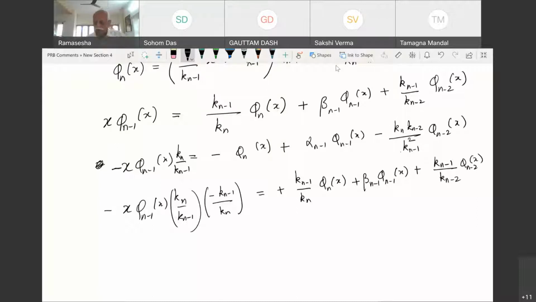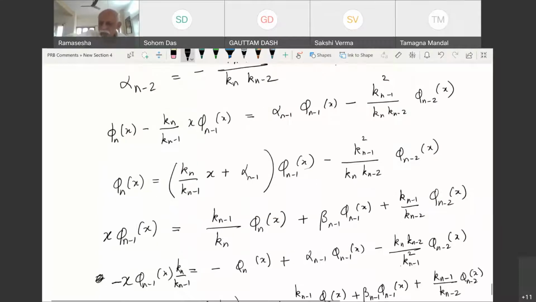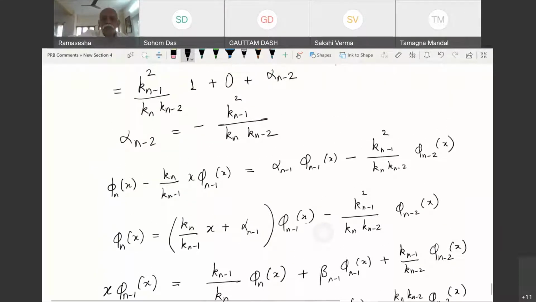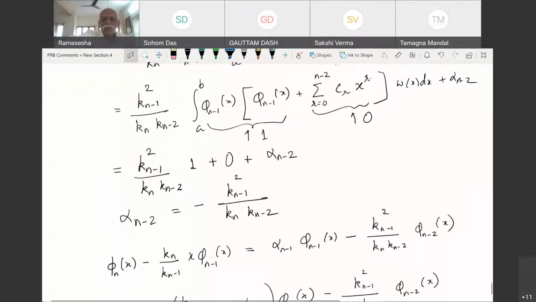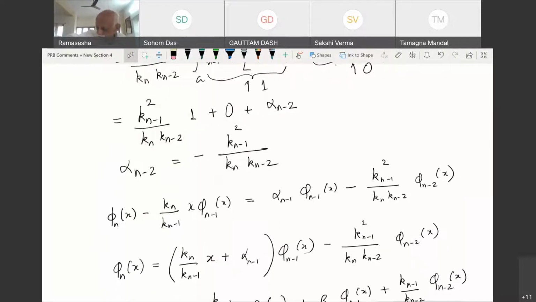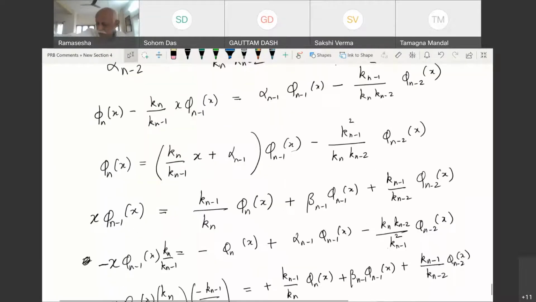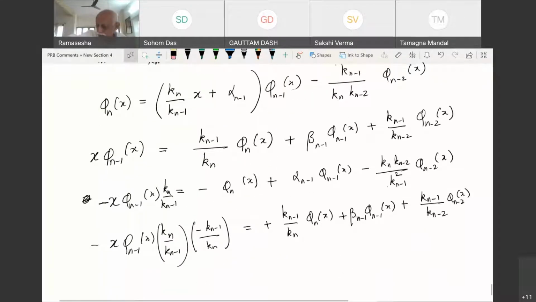This should have been the thing that I should have actually put. So, yeah, you see alpha n minus 2 is k squared n minus 1 upon kn minus. I made a mistake. Okay.